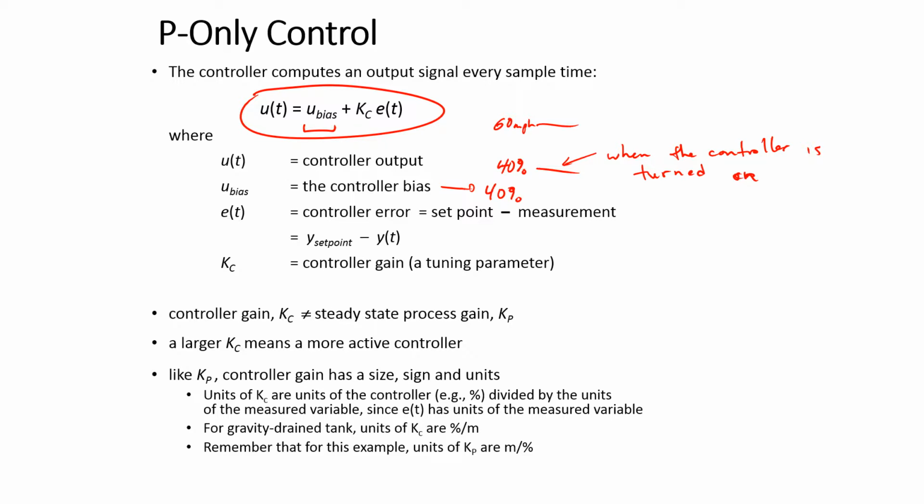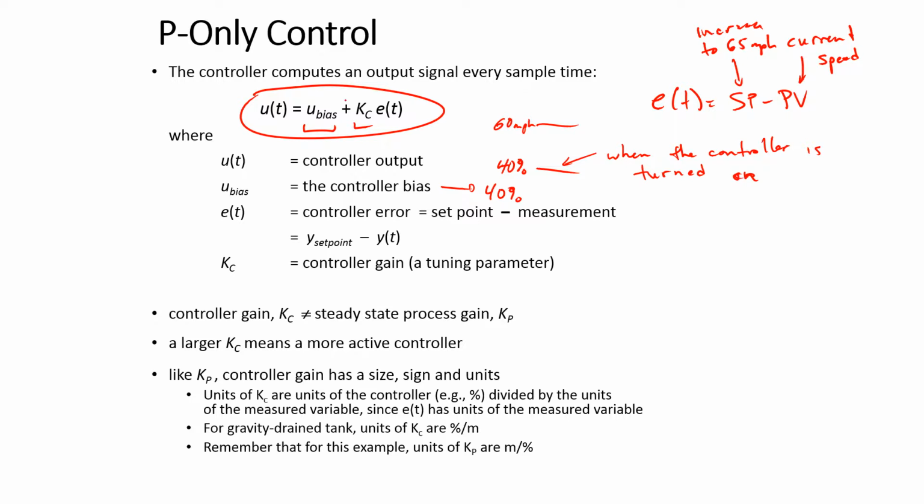And then let's say you increase the set point. The error is going to be the set point minus the PV, that's your current speed. Let's say you increase to 65 miles per hour. Now you have an error of 5, and let's say your controller gain is 2.